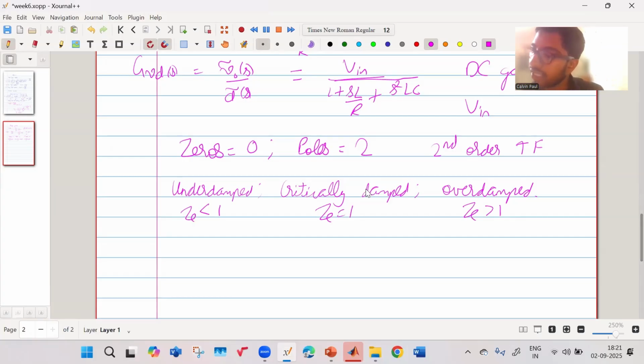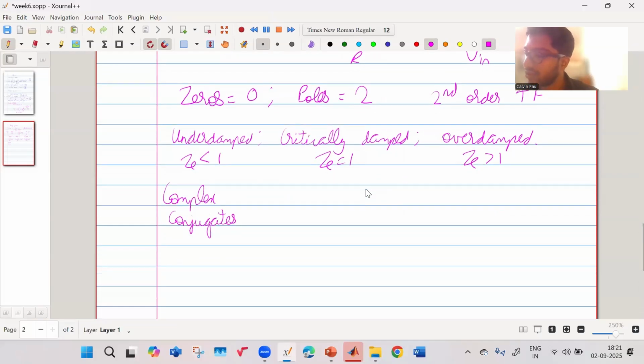So in the case of underdamped, they are complex conjugates, right? That is, your poles are minus zeta omega n plus or minus j omega n times square root of 1 minus zeta squared. So these are complex conjugates, right? In the case of critically damped, there are two real poles at the same location.